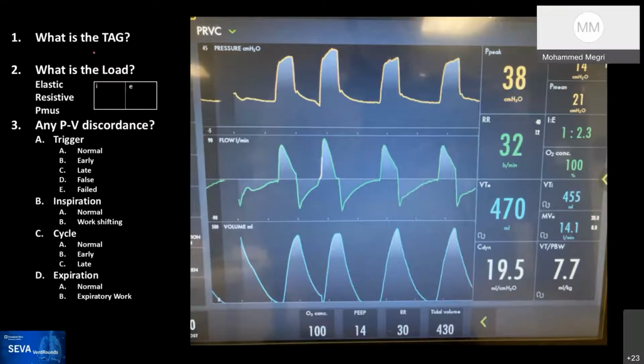So we'll start with the tag. It looks like a pressure control, PC, and it's CMV. It's adaptive, CMVA, yes.